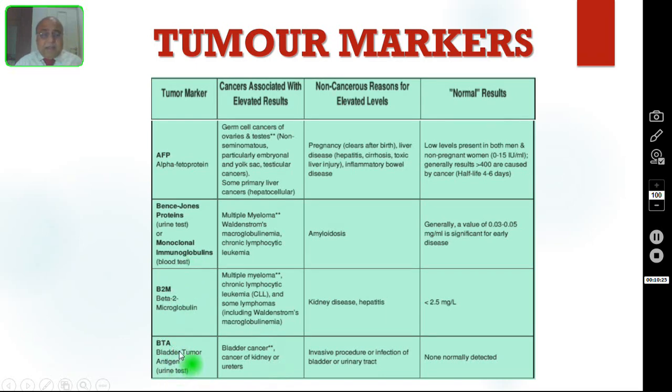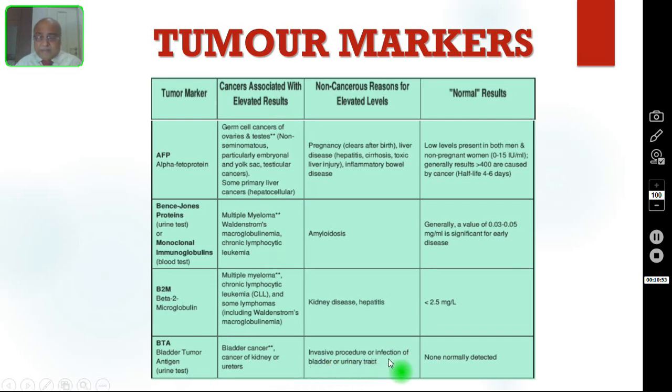The next tumor marker is BTA, bladder tumor antigen. You have to look for it not in the blood, but this is a urine test. It is elevated in bladder cancer, and cancer of the kidney or ureters. In which non-cancerous conditions is BTA increased?